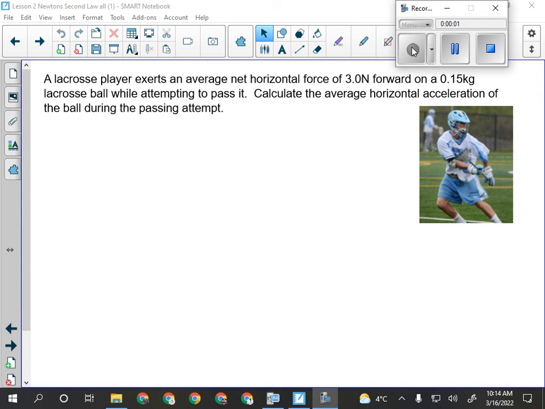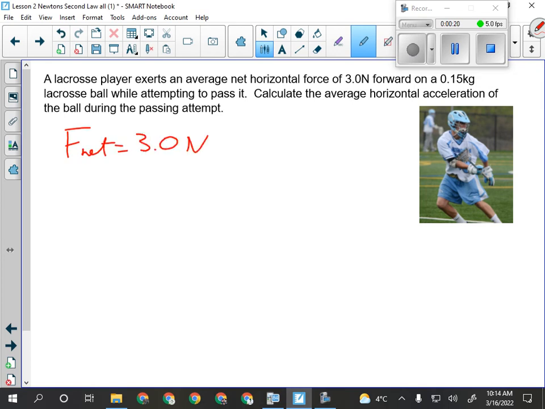So yesterday we definitely did way more complex Newton's second law problems than this one, because this one gives you the net force. On all the ones we did, we had to calculate it first using the sum of all forces. On this one, they just outright tell us that the net force is 3.0 newtons forward, on a mass of 0.15 kilograms, and they just want the acceleration.